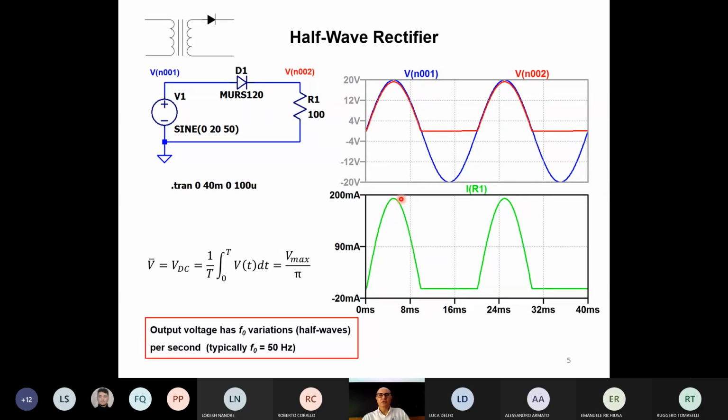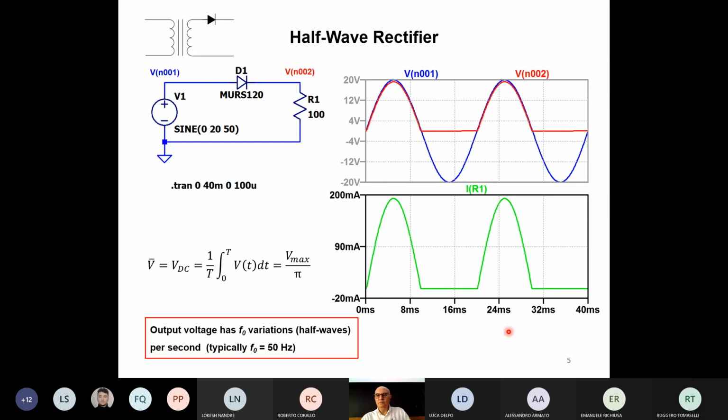If the voltage across the resistor was 20 volts, divided by 100 ohms makes 200 milliamps. But here you see that we don't reach exactly 200 milliamps because the voltage on the resistor is not exactly 20 volts. This difference seems larger than here simply because the bottom scale is expanded.